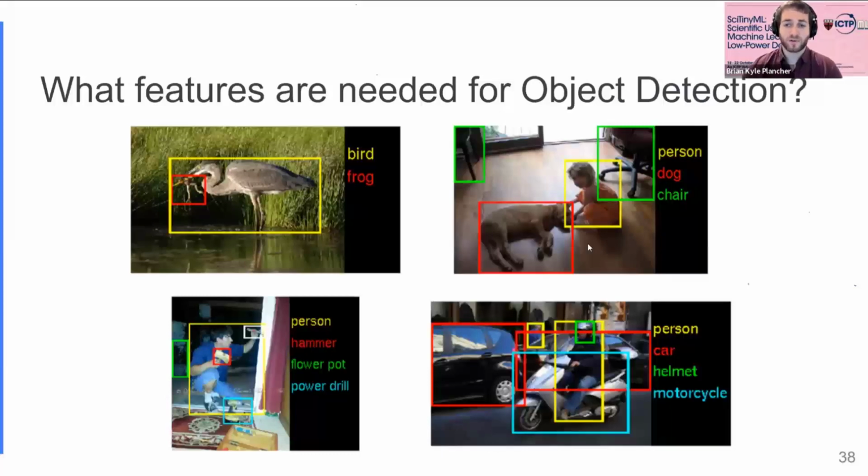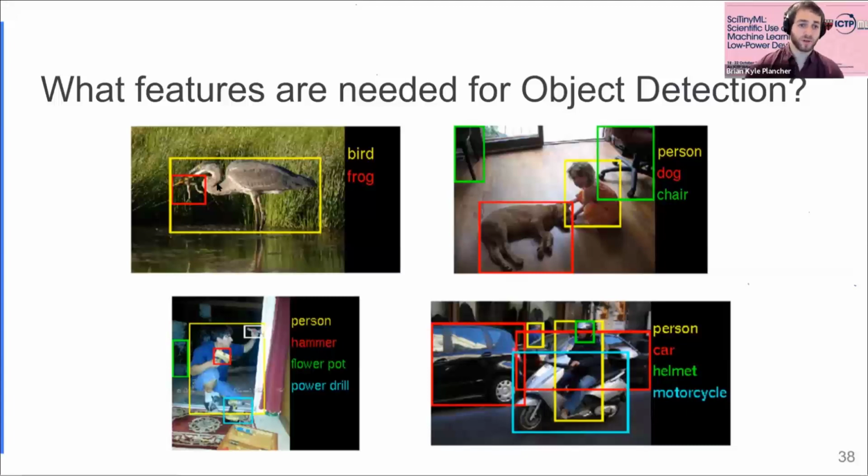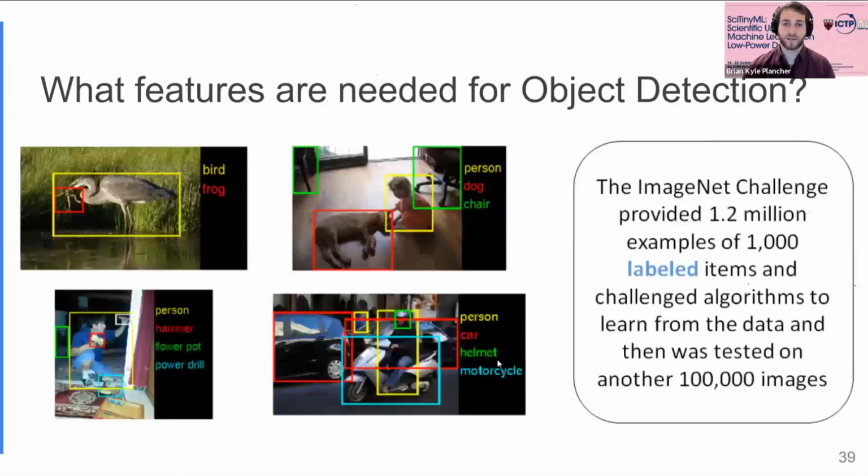So, for example, if you wanted to tell apart a bird and a frog, or a person and a hammer, all these sorts of objects, you can imagine you'd have to come up with some very complex set of features to try to figure it out. And so there was this challenge in 2010 called the ImageNet challenge. The idea was that they were trying to figure out how to do computer vision.